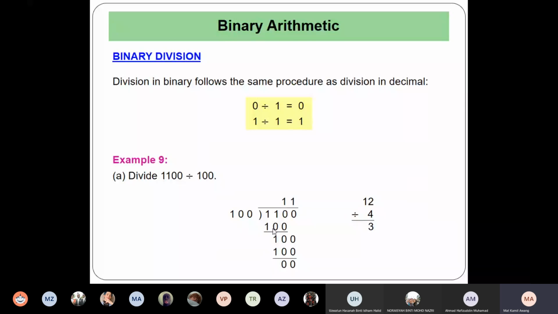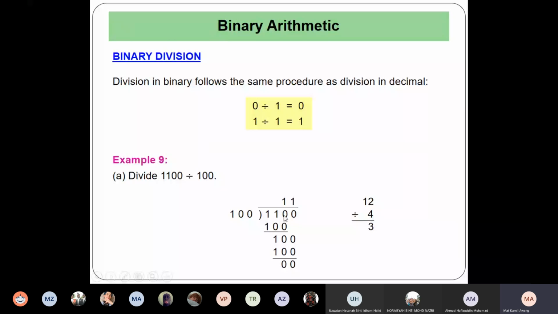For example, if you want to divide 1100 by 100, you set up like this. 1 cannot, so basically you take 110. 110 divided by 100 is 1.